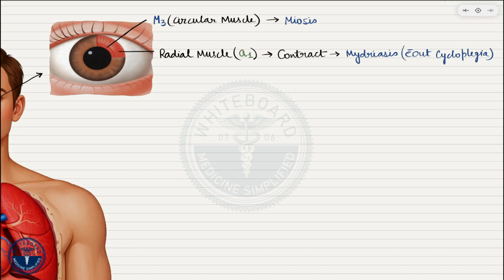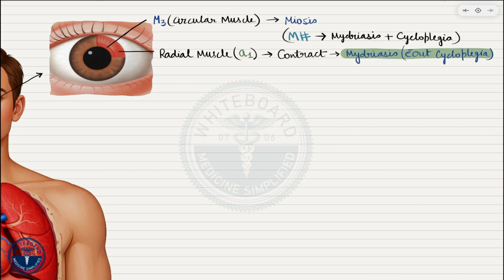This distinction is important because we already discussed that muscarinic antagonists also cause mydriasis, but in that case, the pupil dilation is accompanied by cycloplegia and blurred near vision. Therefore, remember that alpha-1 receptor activation causes mydriasis without affecting accommodation.